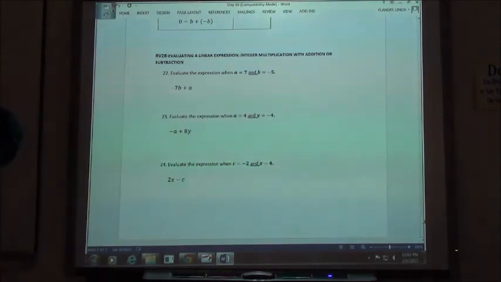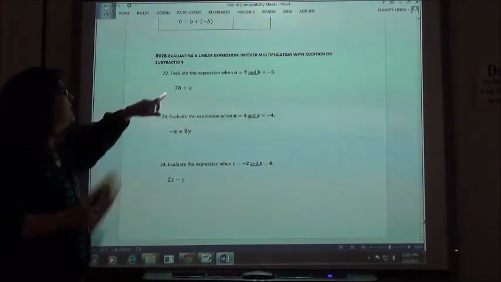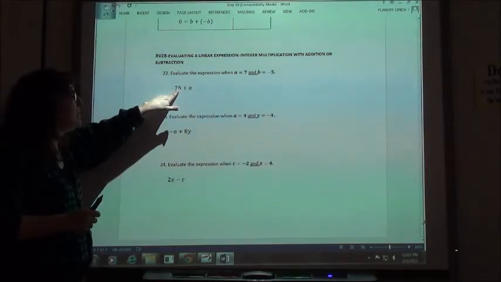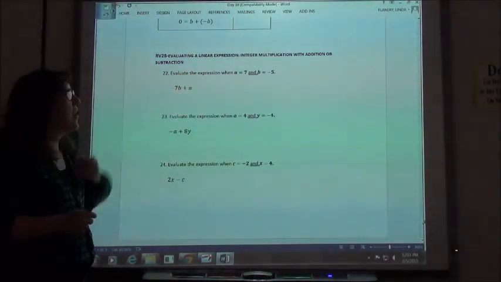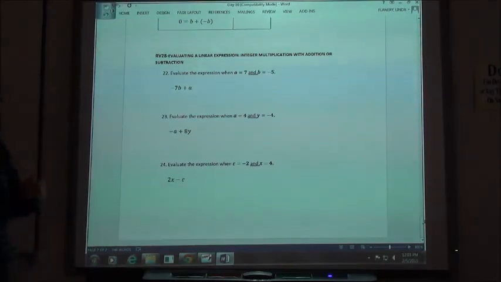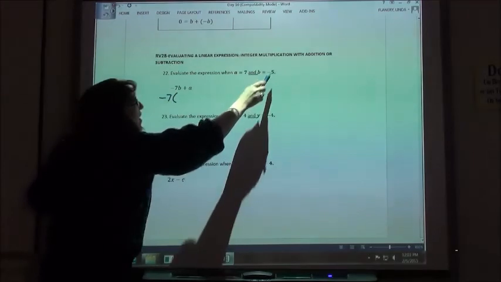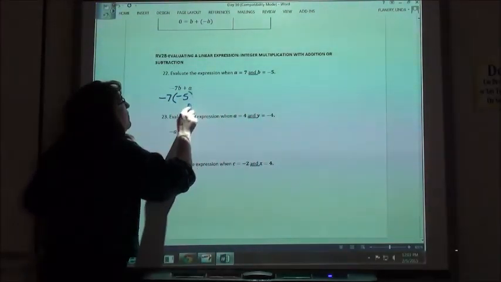And the last 3 here, we are evaluating expressions, integer multiplication with addition or subtraction. In this case, this means -7 times the b value plus the a value. When I substitute in for a variable, I put the value in parentheses. So I'm going to take -7 times the b value. The b value is -5.